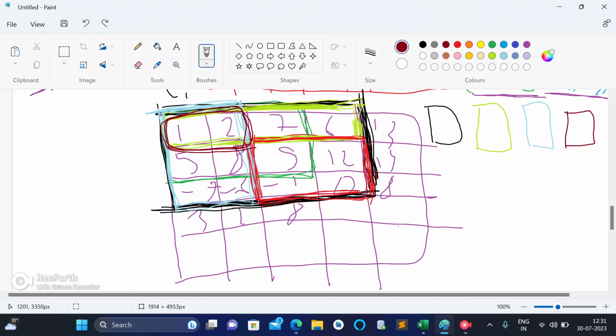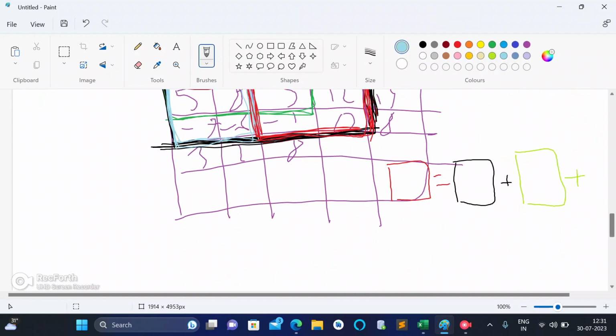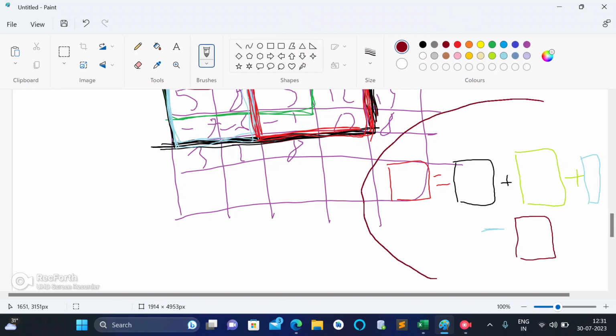So don't you think the area of the red section, which we want to find, is the area of the black section plus the area of the light green section plus the area of the light blue section minus the area of the dark red section?